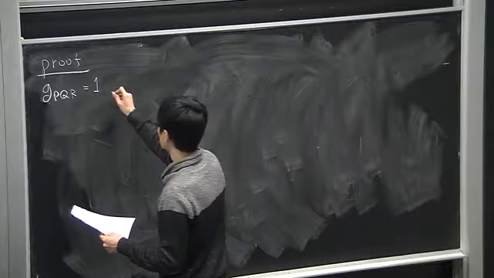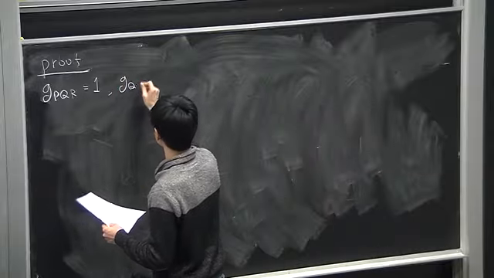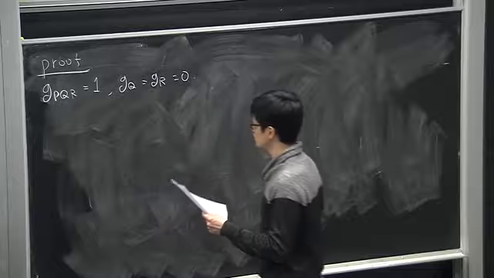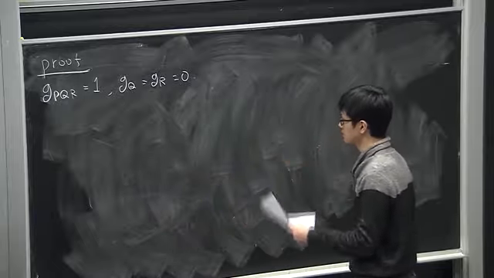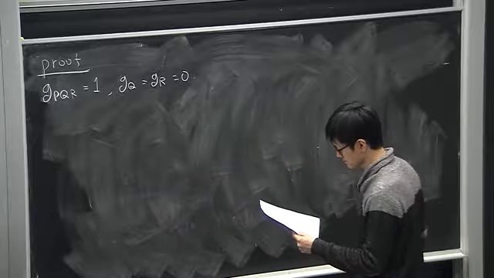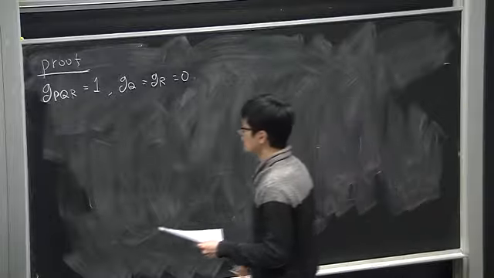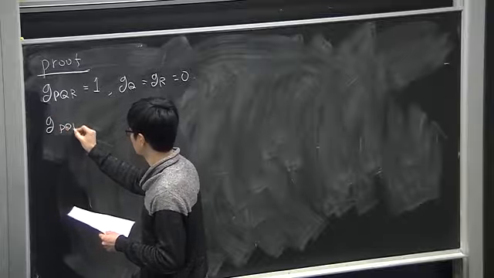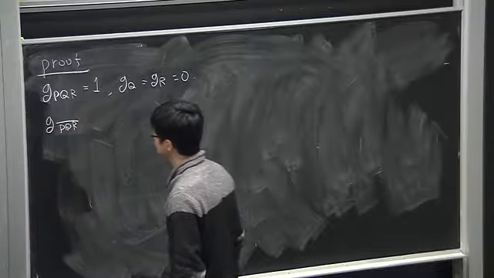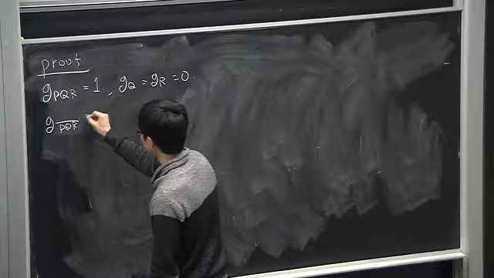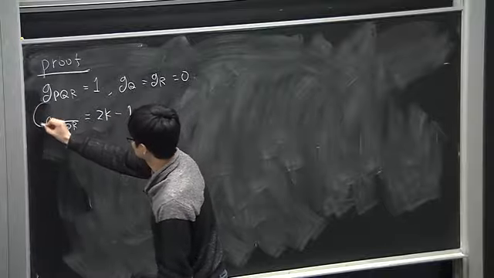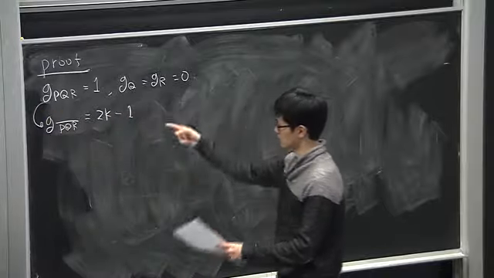So the information I have is G_Q and G_R equal 0. Now, by using the duality of the stabilizer code, we can derive this.